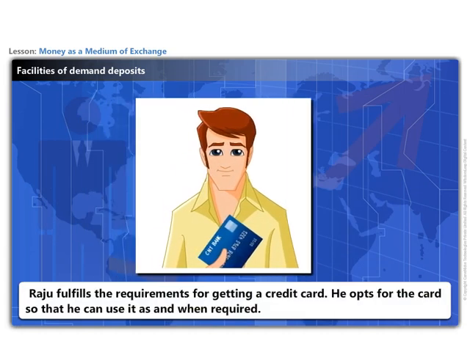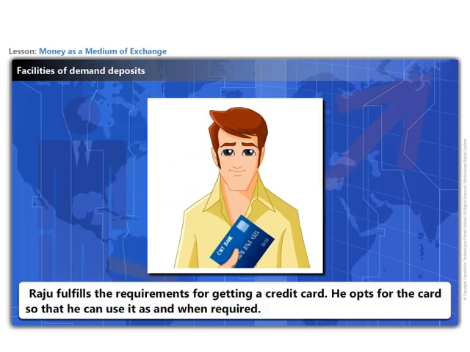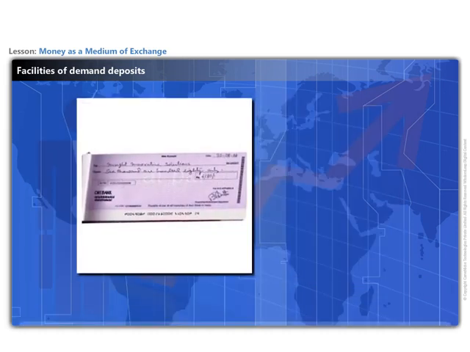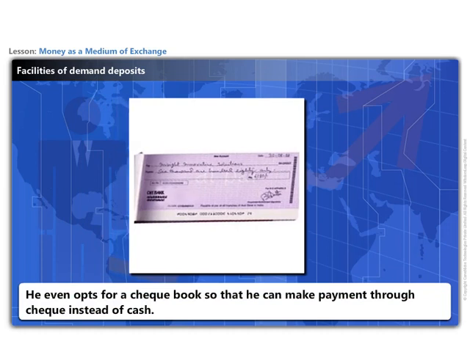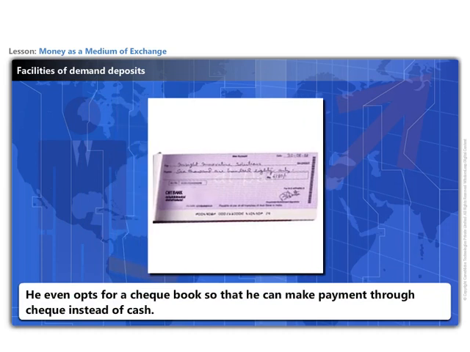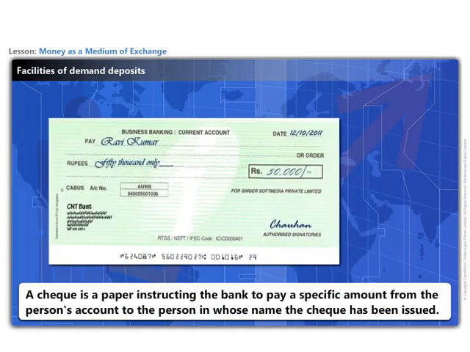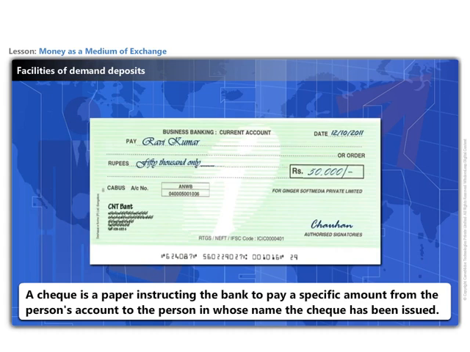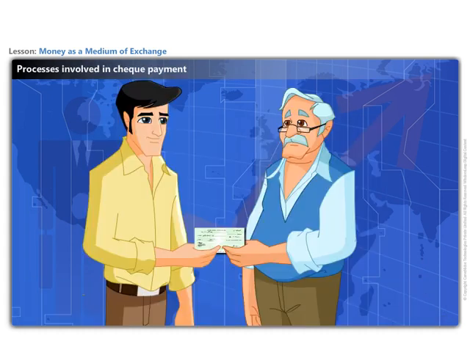If Raju is eligible for a credit card and opts for it, then he can use it as and when required. He even opts for a checkbook so that he can make payment through check instead of cash. A check is a paper instructing the bank to pay a specific amount from the person's account to the person in whose name the check has been issued.